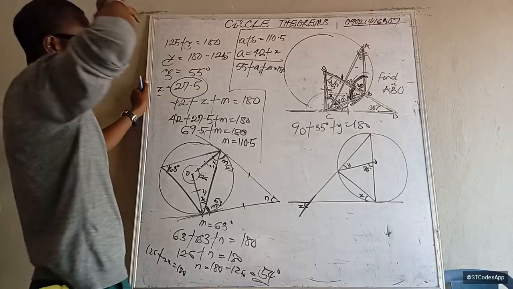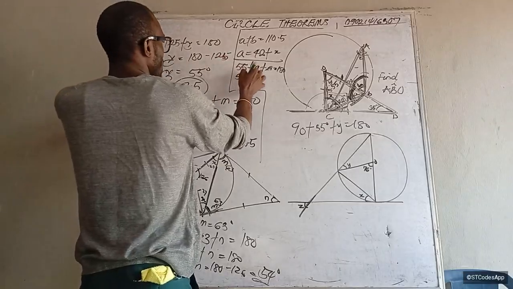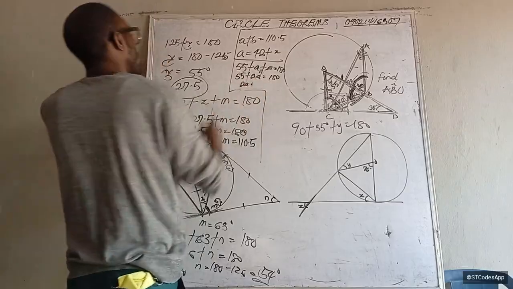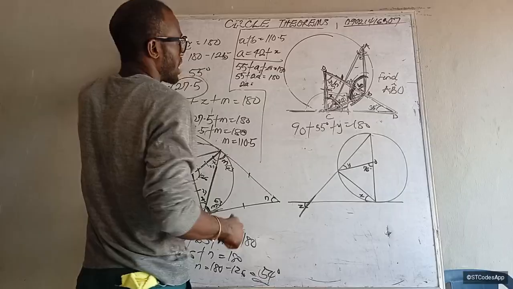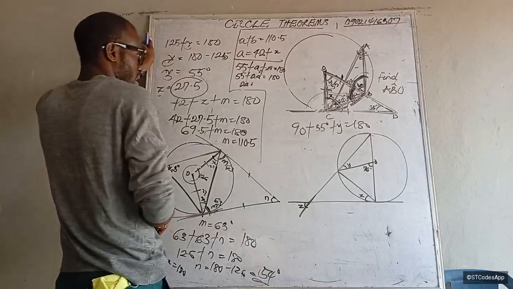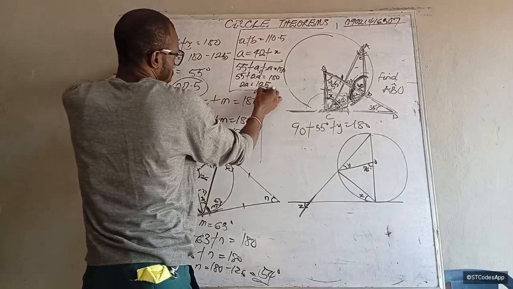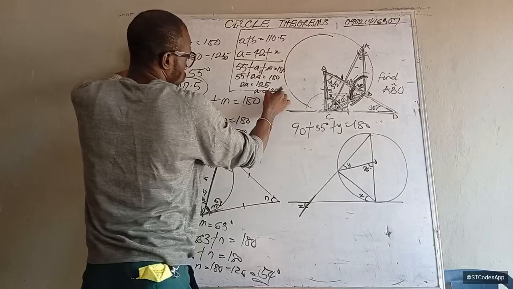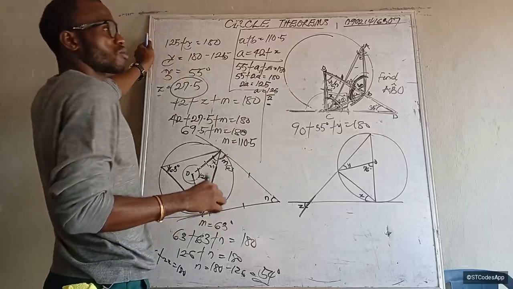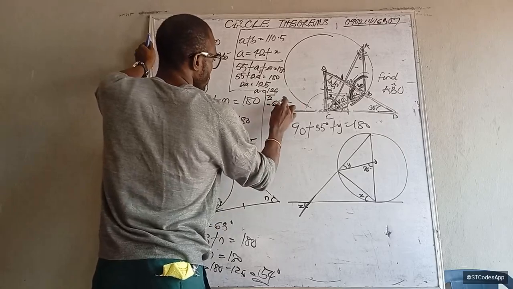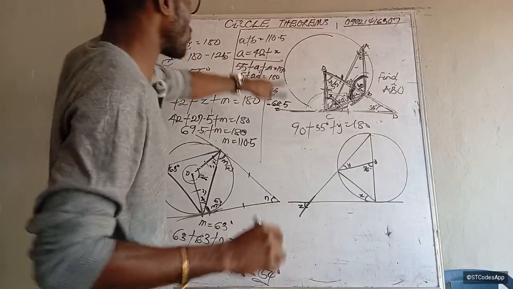So 55 plus 2A will go to 180. So 2A will be equal to 180 minus 55, you get 125. So A will be equal to 125 divided by 2, which is 62.5. So A is 62.5.